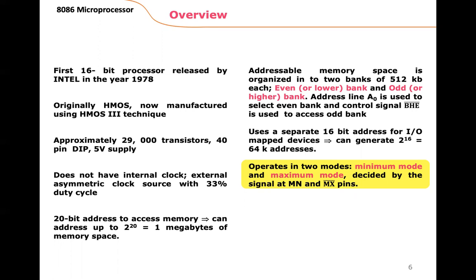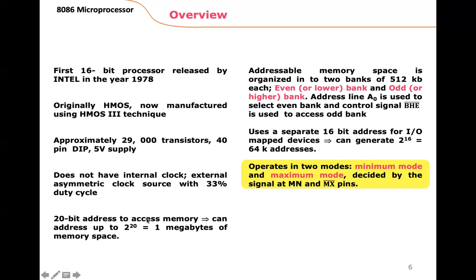Yes, sir. 1024, 1 kilo. 1024 means 1 kilo, and 1024 kilo means 1 mega. 1024 mega means 1 giga. 1024 giga means 1 tera. Clear? Yes, sir. You know that?